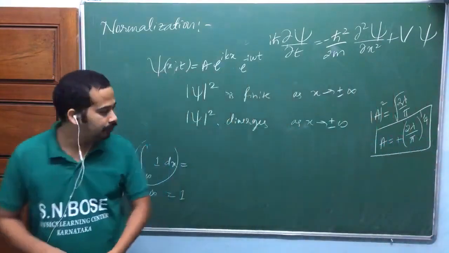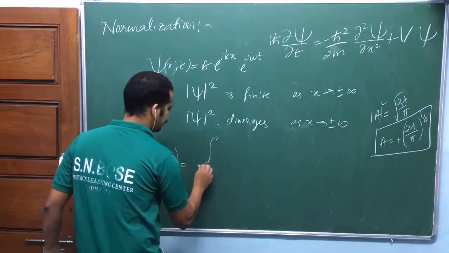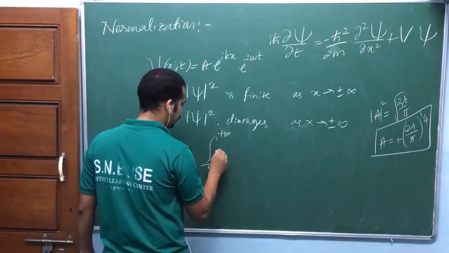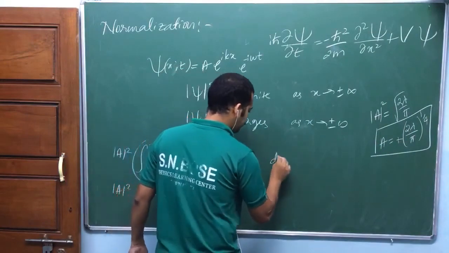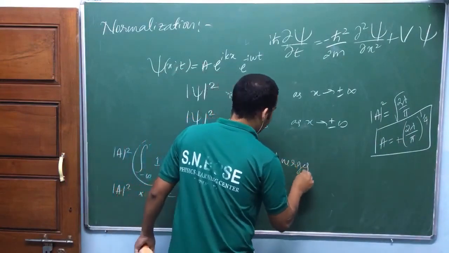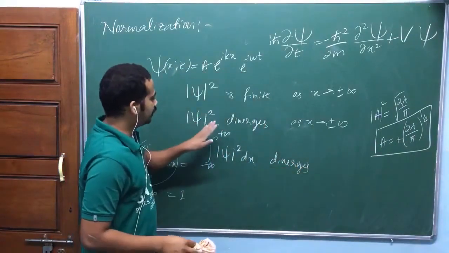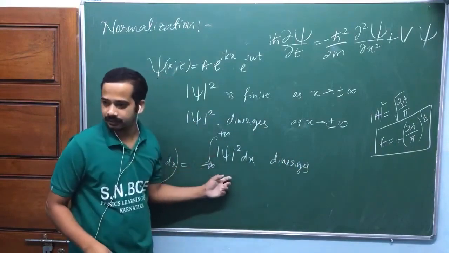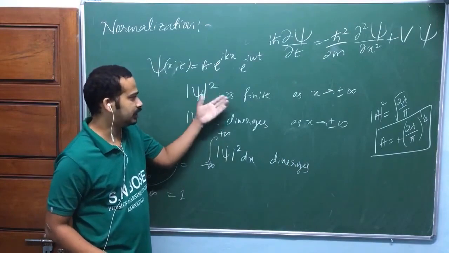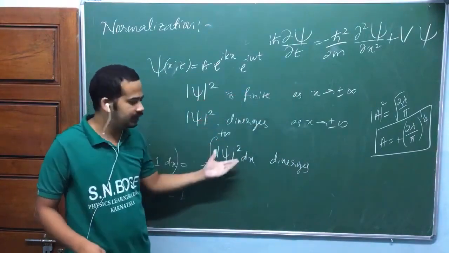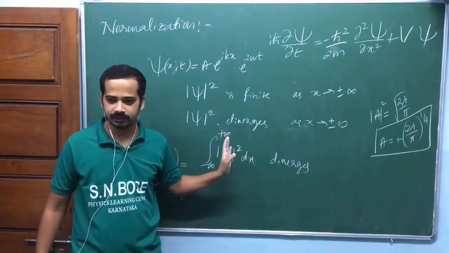Not only this, suppose this integral, mod psi square dx, diverges. If this happens or if this happens, definitely it will diverge. Are you getting my point? If mod psi square is finite at infinity, definitely the area under the curve is infinity.